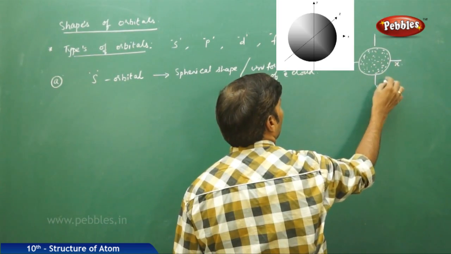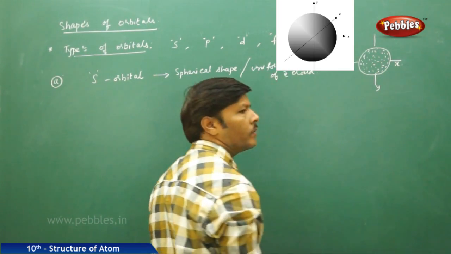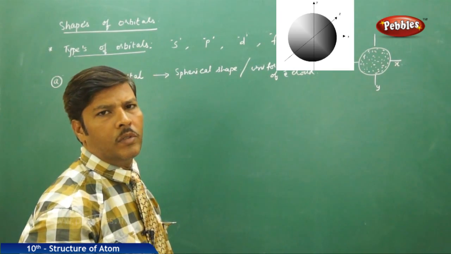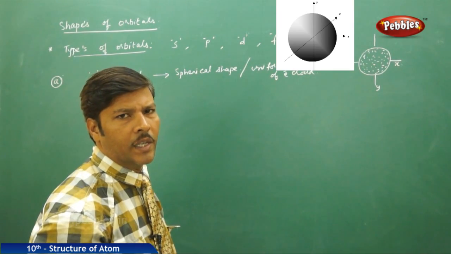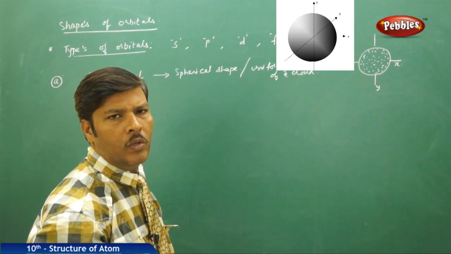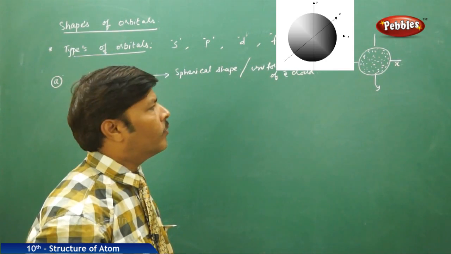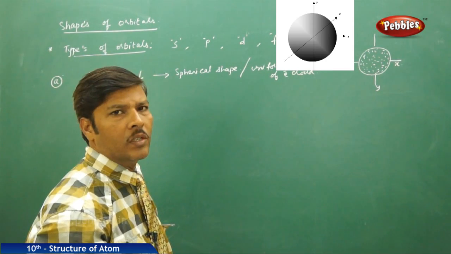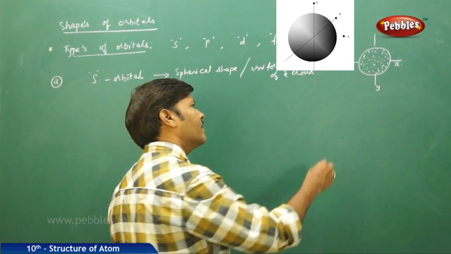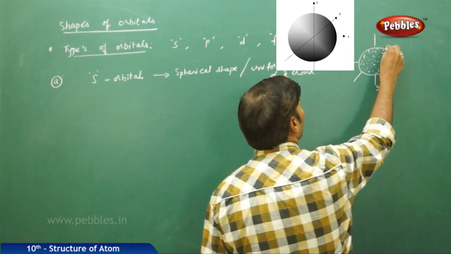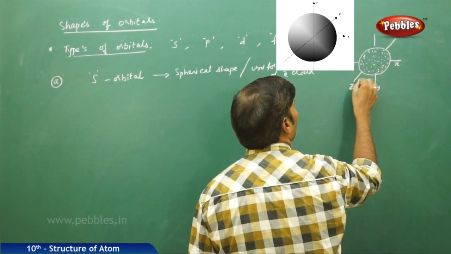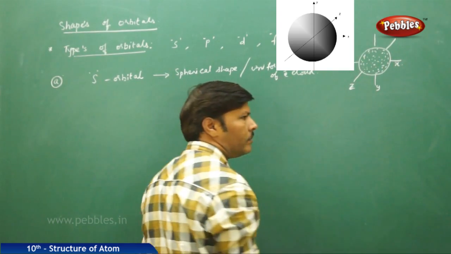In the x-axis you find the same volume of the electron cloud, you notice the same in the y-axis, and the same electron cloud density you notice even in the z-axis. So it is very clearly visible that it is because of the uniform plane of symmetry.